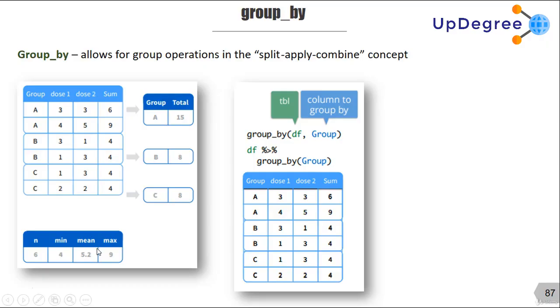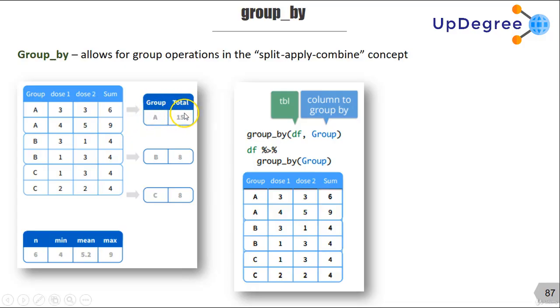But what if you are not interested in the summary of the total, rather you are interested in a similar kind of summary but by group? Suppose there is a meaningful column called group, where two values are from group A, two values are from group B and two values are from group C, and you want the minimum, the maximum, the mean, and the total number of observations by group.